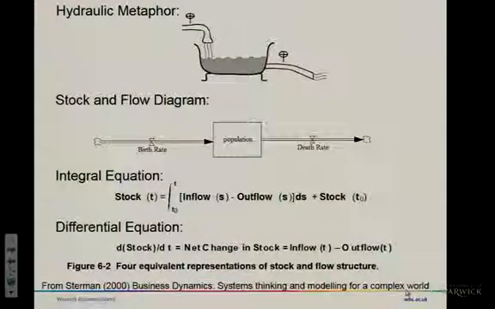What is implied behind a stock is this idea that a stock is a shortcut for an integral equation. Behind a stock we have integral equations. We represent stocks as boxes and flows as arrows that go into a stock, and outflows, arrows that go out of the stock.